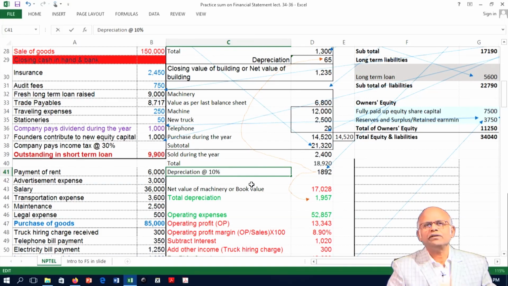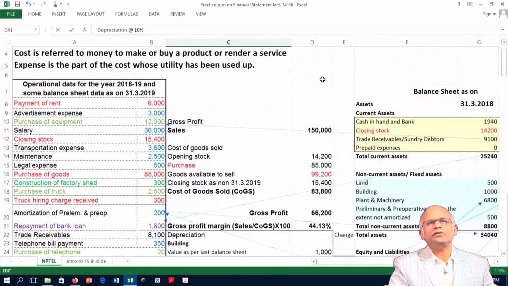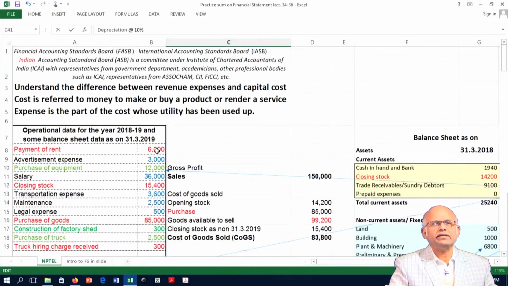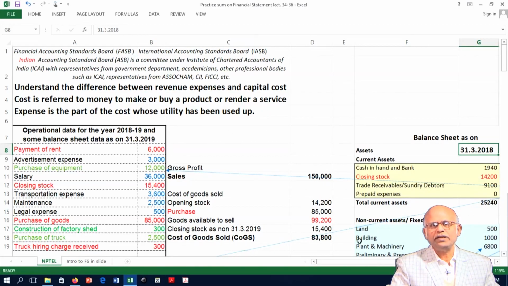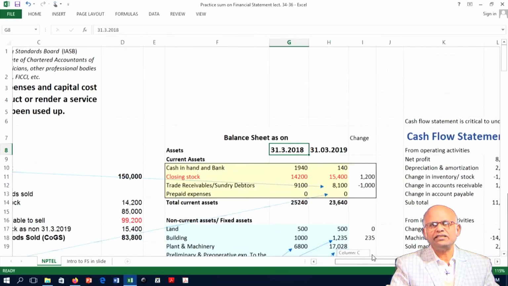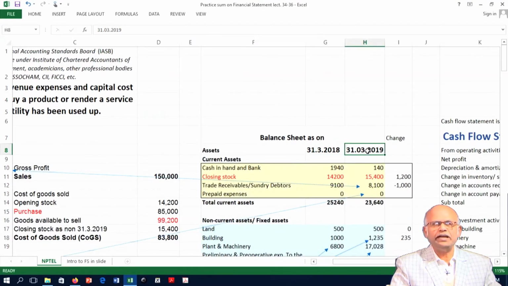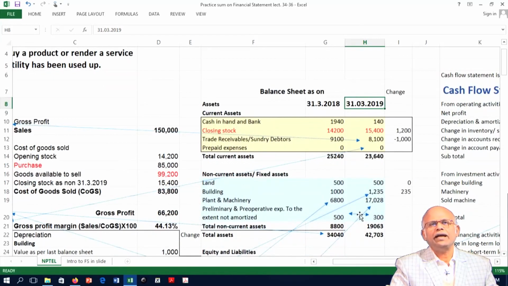We have to estimate the net value of machine, because the net value of the machine goes to the balance sheet of the next year, as on 31/3/2019. We are estimating, like this is the balance sheet of the previous year, and we are estimating the balance sheet of the next year. So, whatever is the closing value of the assets in the current year will appear here.